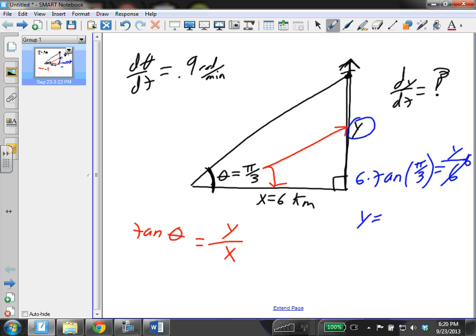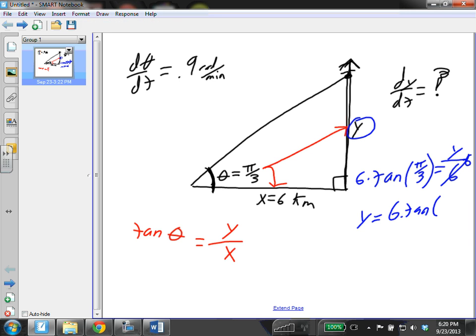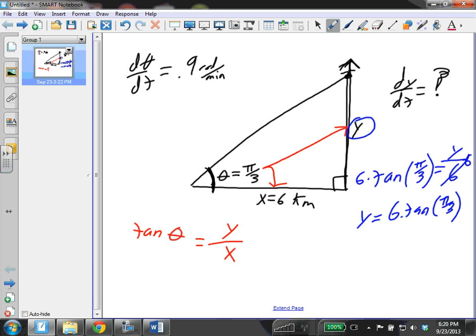So y is equal to 6 times the tangent of pi over 3. If you use your calculator, making sure that you're in radian mode, put in the tangent of pi divided by 3, close off the parentheses, and then multiply by 6. I got that y should be equal to 10.39. So that's important information that we're going to need.